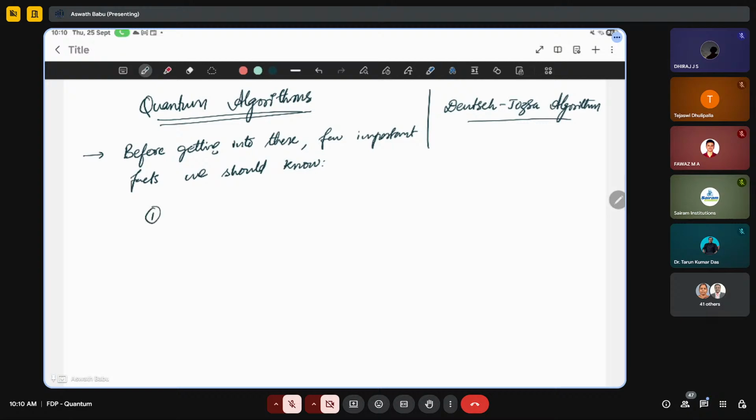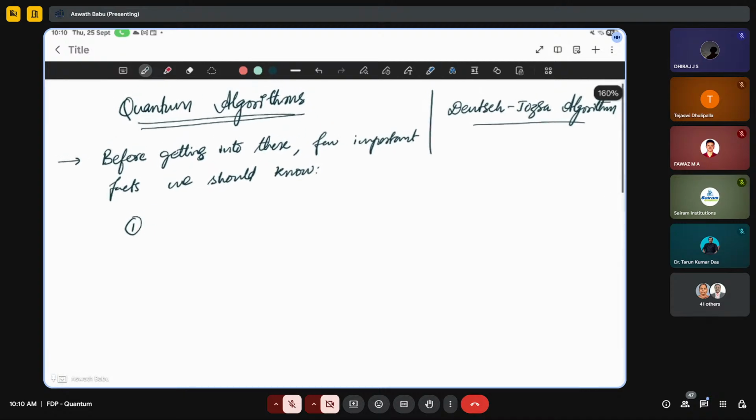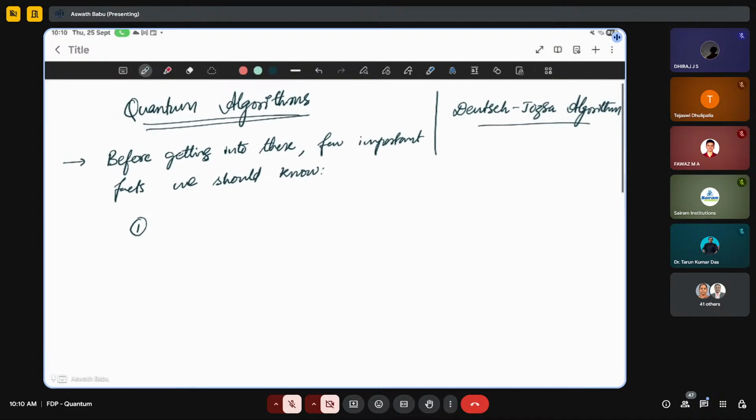Number one point: when you try to observe a system, or when you try to find what a system is made up of, what states it exists in, a simple example is a glass of hot water kept on a table. The hot water temperature is above 60 degrees Celsius. The room temperature is, let's say, 30 degrees Celsius. There is a 30 degree difference between the hot water and the room temperature.